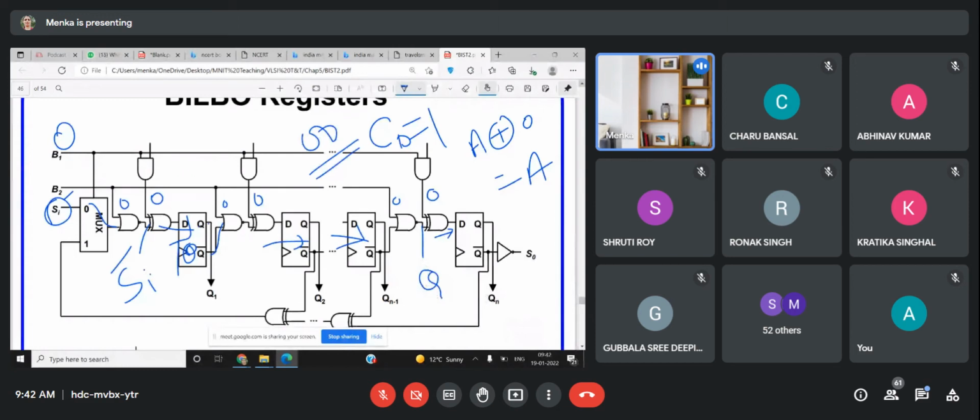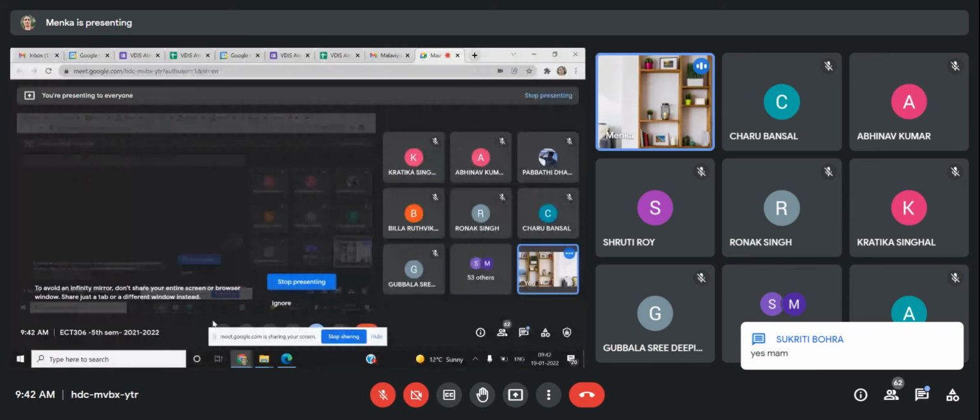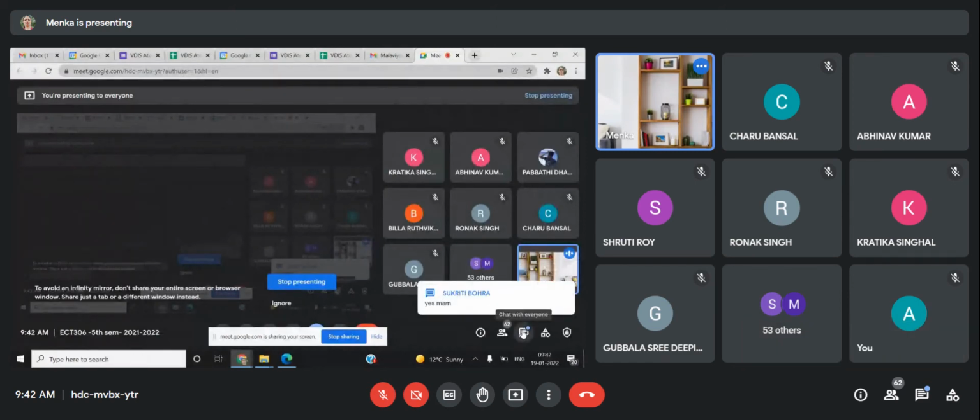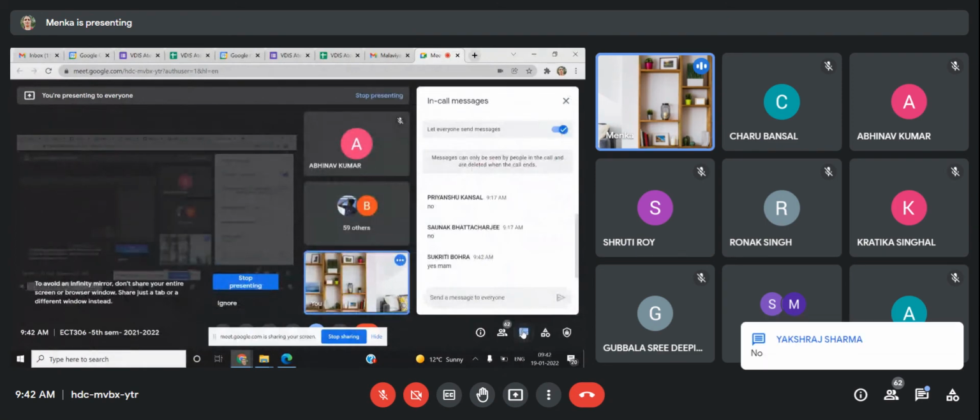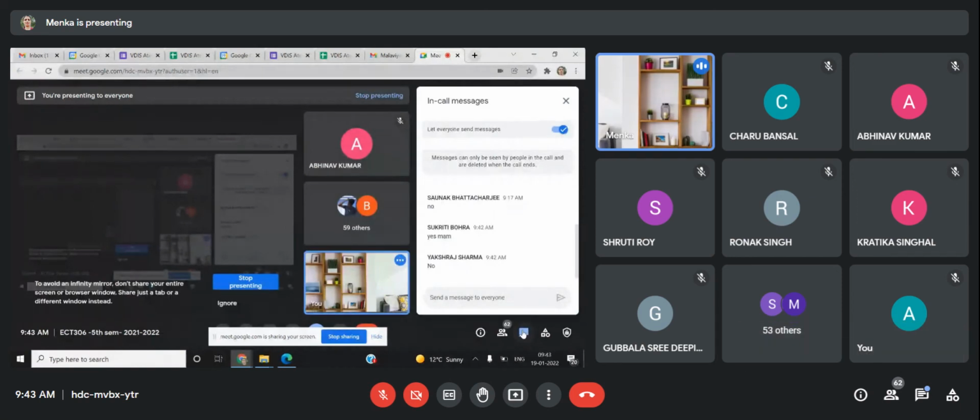ये समझ में आ गया कि नहीं आया, type yes if understood, if need to repeat type no. If you understood whatever we have discussed, type Y. If I need to repeat it, you have to type no. Extras, no. Yes, what about others?